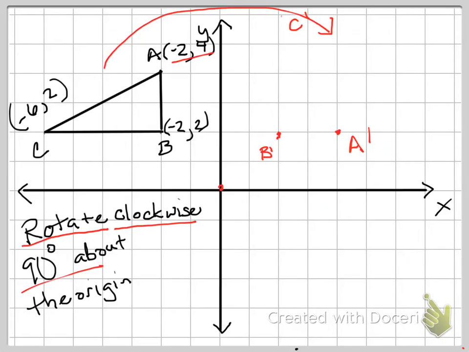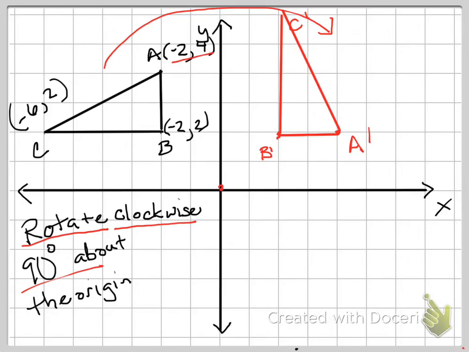So if we connect all of those points, again, this one's a tough one to see. The best thing to do is the way I showed you, where you actually twist your graph around and make the y-axis the x and the x-axis the y. You'll actually see where it gets rotated to.